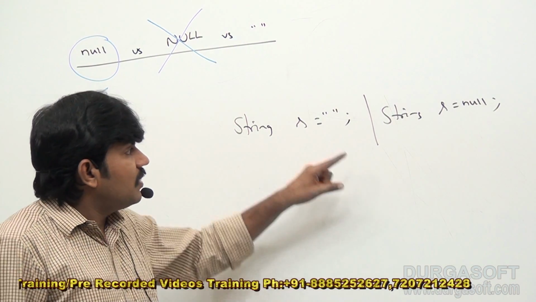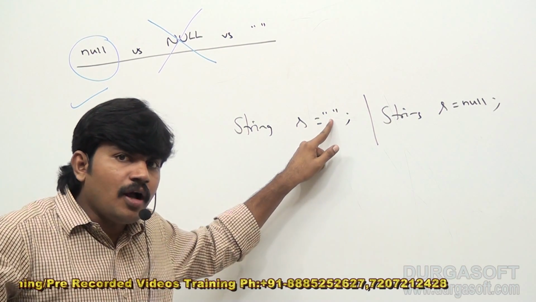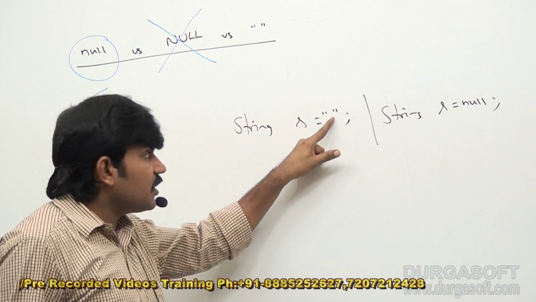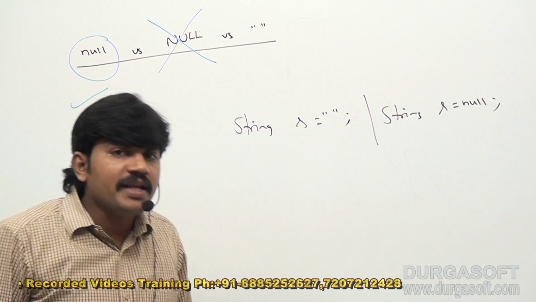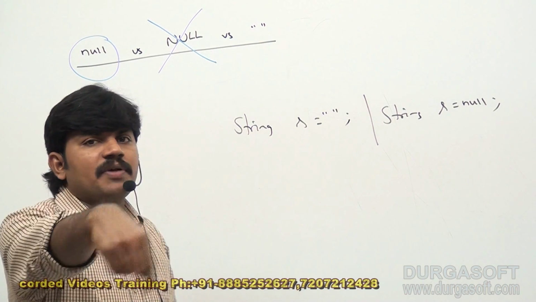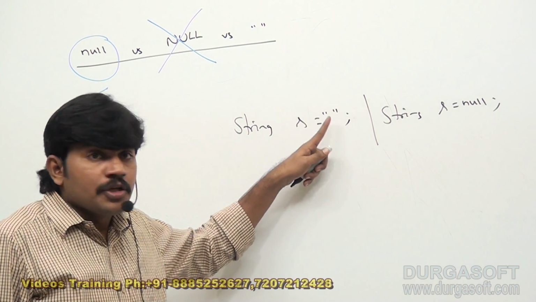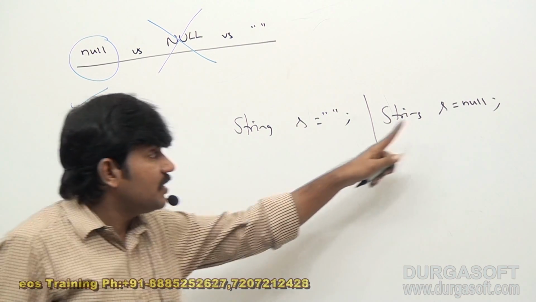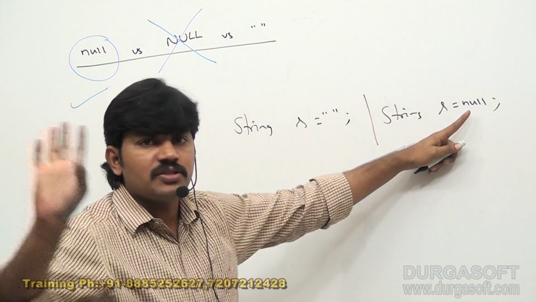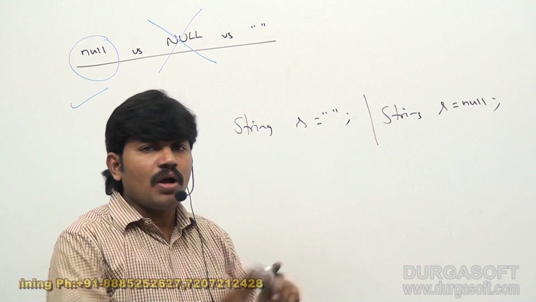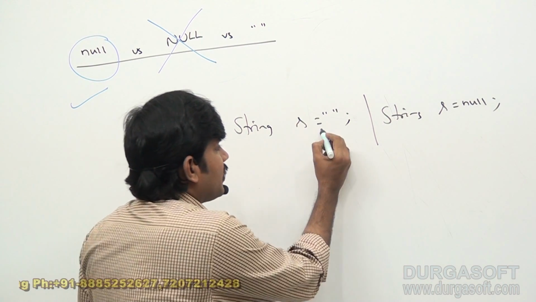Remember that. Here a string object is there, but how many characters are there in that object? Zero characters. It means it is not null. Remember that. But here a string object is not there. Sir, it's a null reference, no object. But here an object is there.